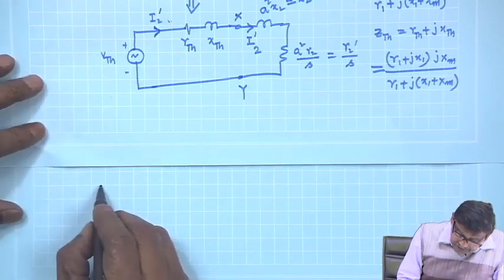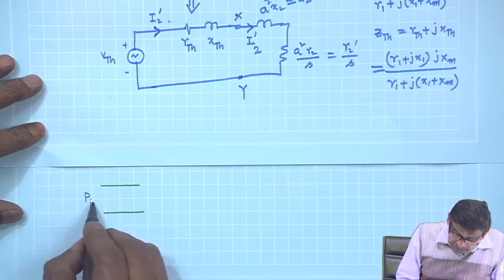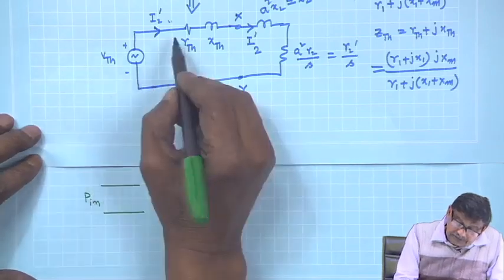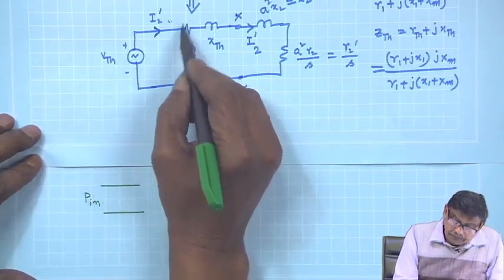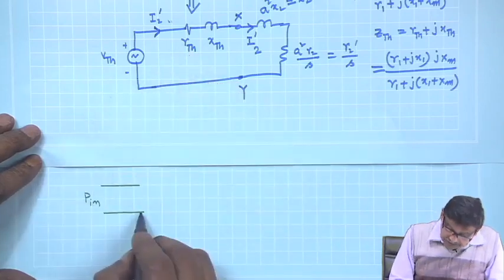Suppose I say this is P in, the electrical power input. It will supply some power loss in this R Thevenin, so that is the stator copper loss.